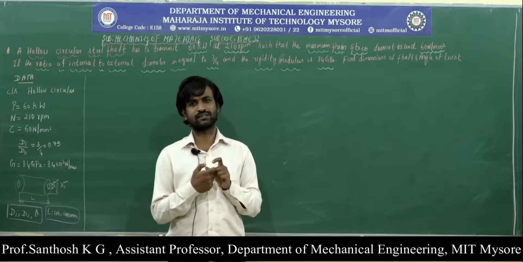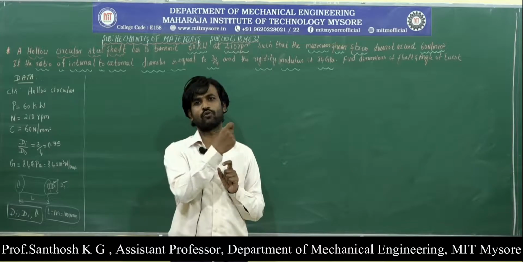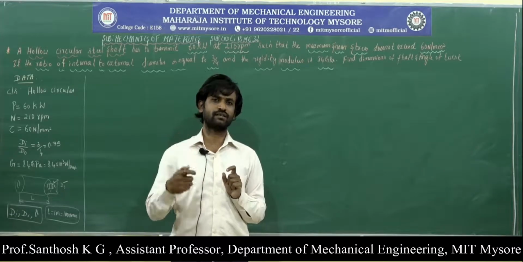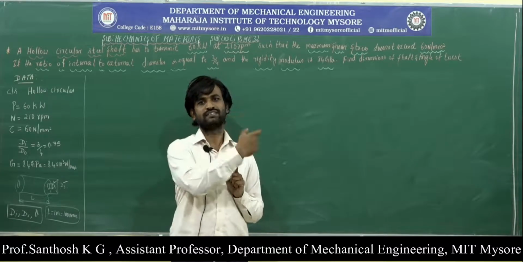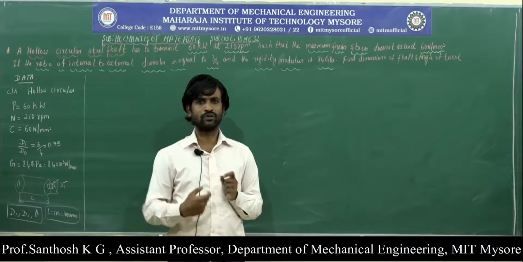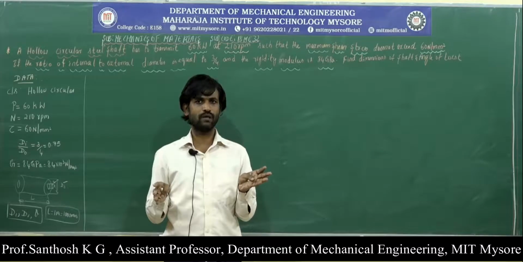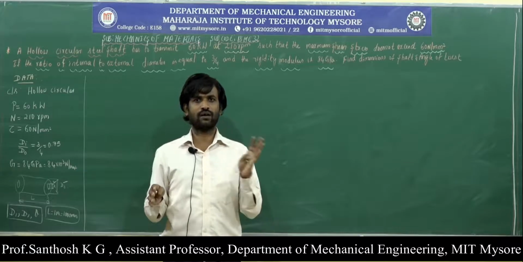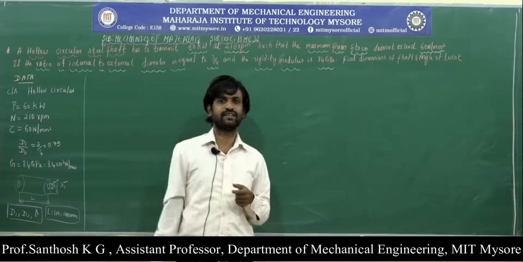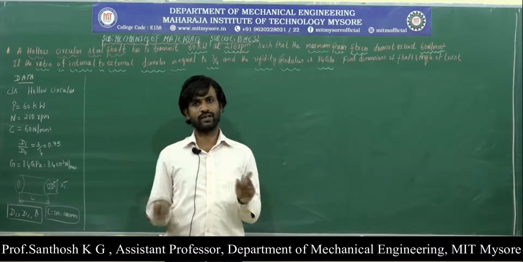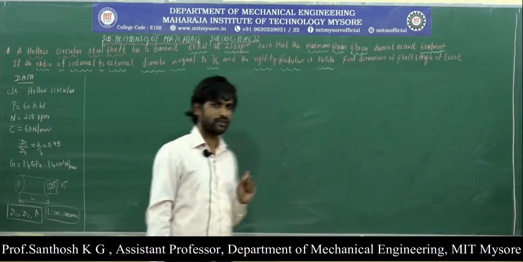The strength equation is T by J equals tau by R, and the stiffness equation is T by J equals G theta divided by L. If you consider the LHS of the strength equation or the stiffness equation, we have T as common. So if I want to use either the strength or the stiffness equation, I should know the value of T.